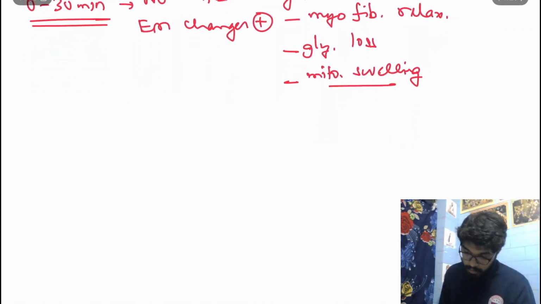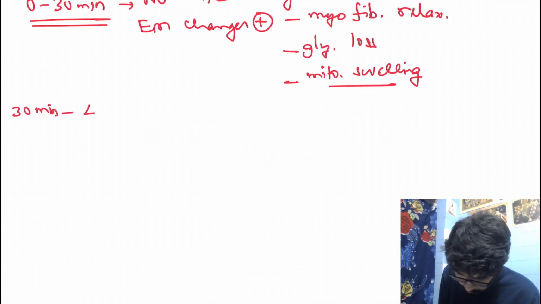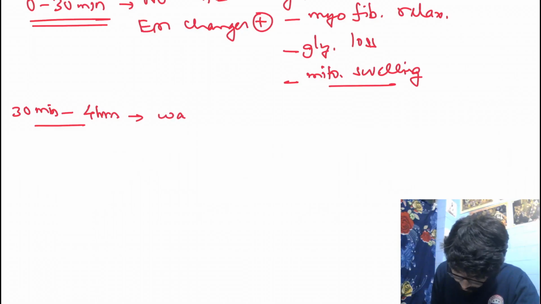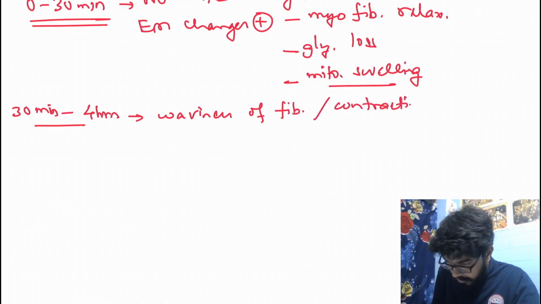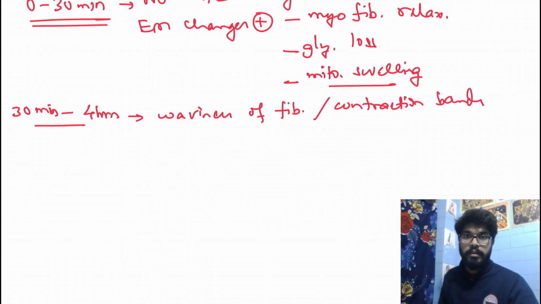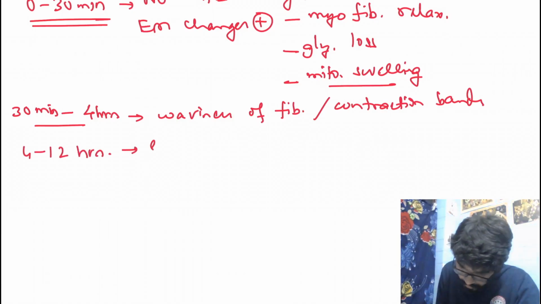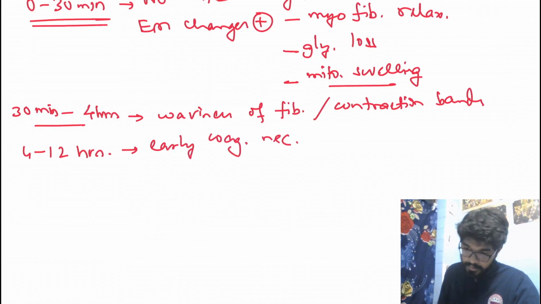Okay. Now, after 30 minutes, from 30 minutes to 4 hours, the histopathological changes appear. The first change is waviness of fibers, along with something called the contraction band. This is the earliest histopathological change. Okay. Then from 4 to 12 hours, the early coagulative necrosis sets in.